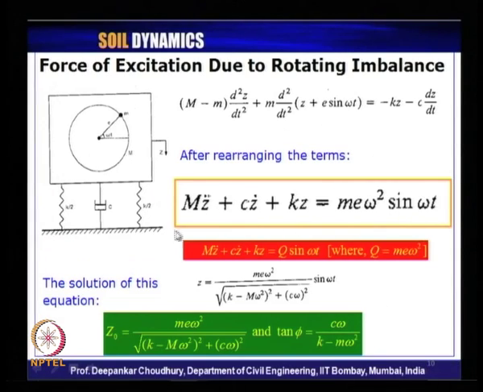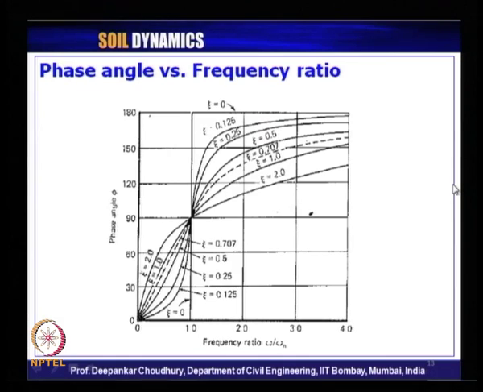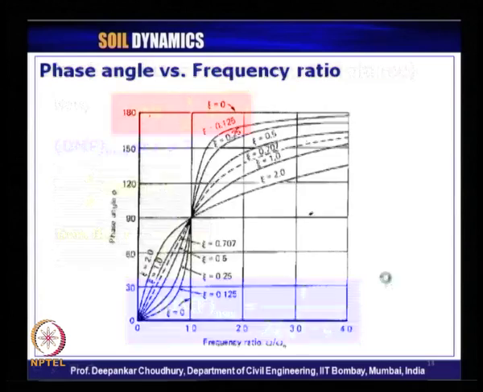The governing equation of motion is expressed like this, from which we get the solution like this, and the variation of X M by m e is given like this, with peak values coming here with respect to the frequency ratio for different values of damping ratio. Also, the phase angle varies the same way as in the previous case with respect to the frequency ratio.